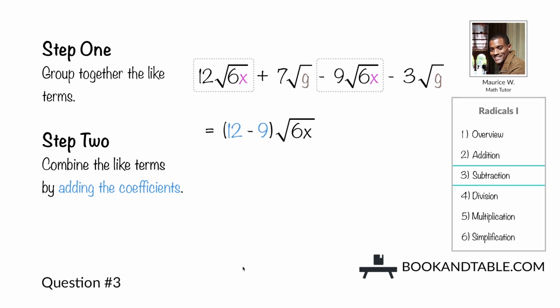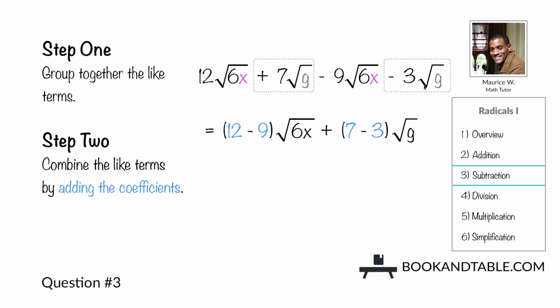Question number 3. Step 1, group together the like terms. So our first term, 12 radical 6x, and our third term, negative 9 radical 6x. Those have the same radicand, so we group those together. And then we have g as another radicand for 2 of our terms.